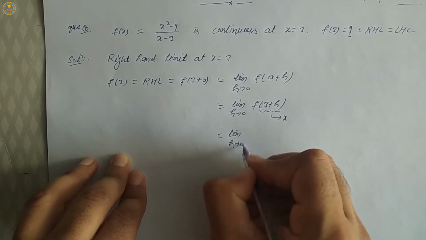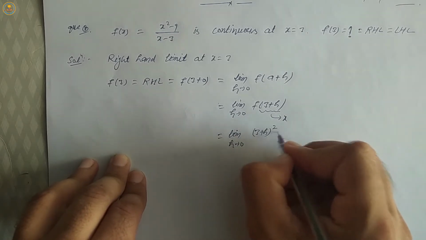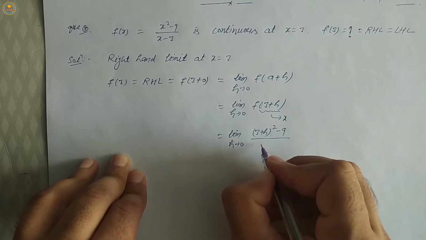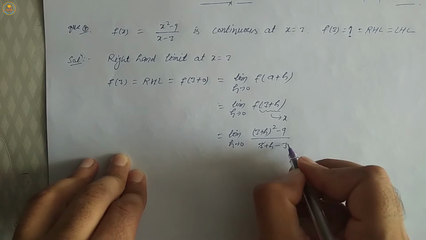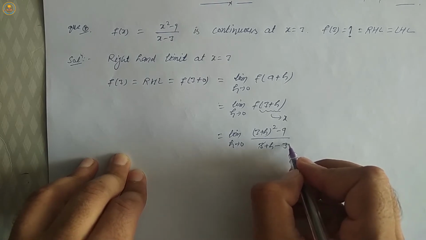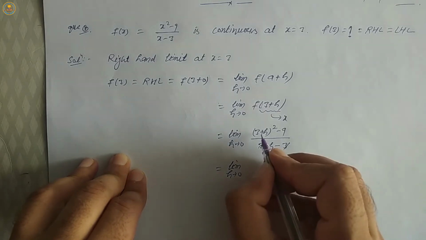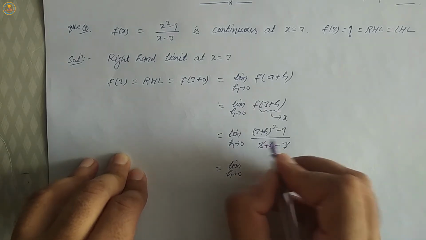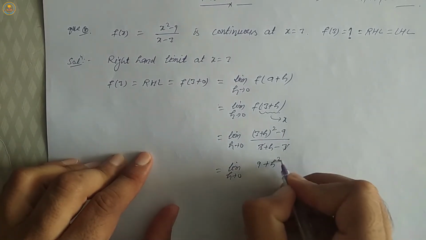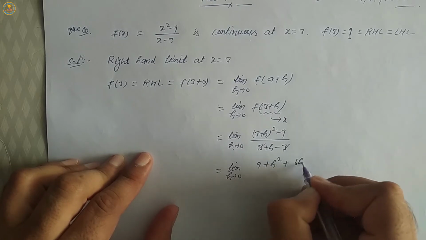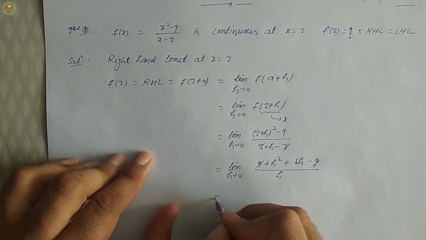Limit h tends to 0, ((3+h)² − 9)/(3+h−3). The 3 cancels out. Limit h tends to 0, apply the formula (a+b)² : (9 + h² + 6h − 9)/h. 9 cancels out.